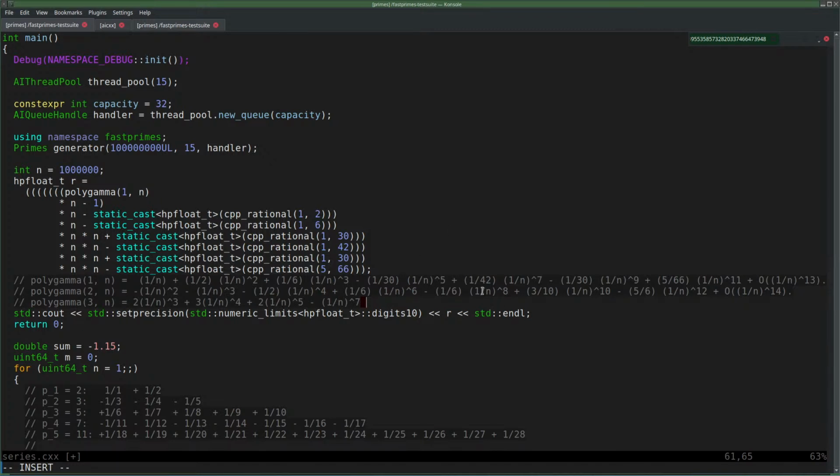Go to the derivative of that. So minus 8 times that. It's plus 8/6, 4/3. 1 divided by n to the power 9.